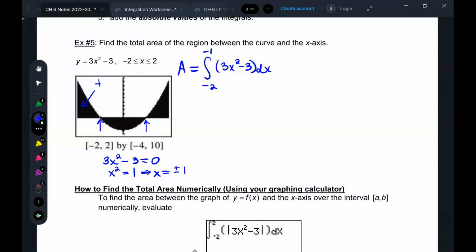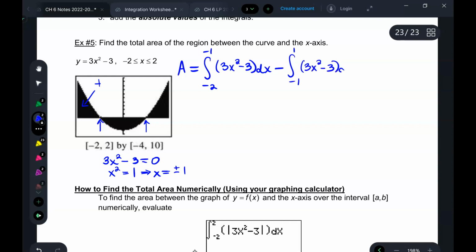Now the next part of the region goes from negative 1 to 1, but I'm going to subtract that area. And it's still the same function, 3x squared minus 3, right? Because again, we're looking for the total area. So we just want to make sure any of those areas that are below, we make positive.